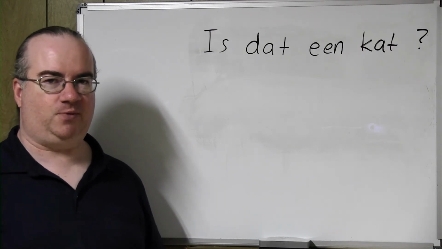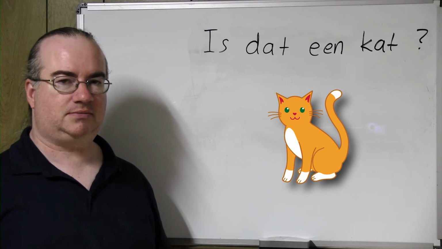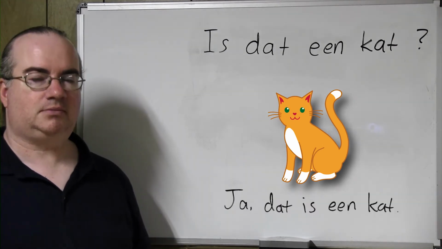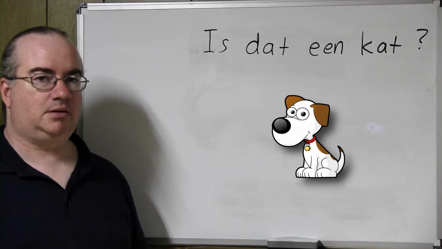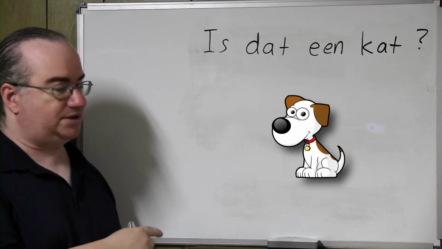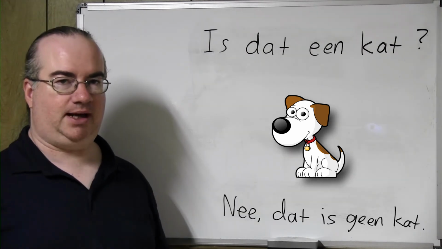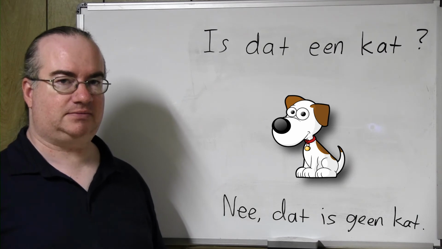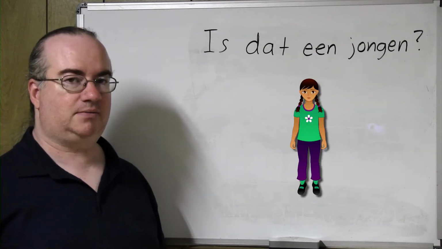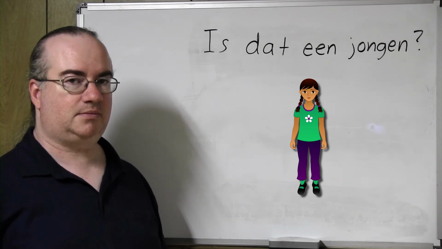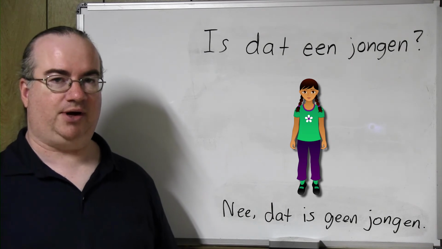Okay, here we go. First one. Is dat een kat? Ja, dat is een kat. What about this one? Is dat een kat? Nee, dat is geen kat. Is dat een jongen? Nee, dat is geen jongen.